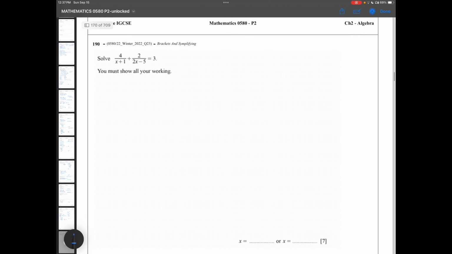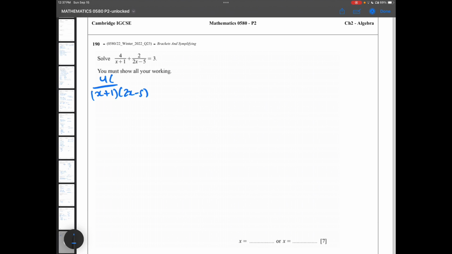Now question number 190. It says 4 upon x plus 1 plus 2 upon 2x minus 5 is equal to 3. You must show all your working. So in order to solve it, first I will need to take the LCM in the first two terms. Over here I have 4 upon x plus 1, so this will be multiplied with 2x minus 5.